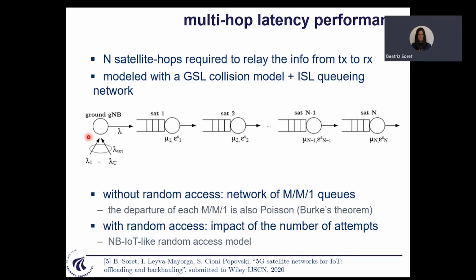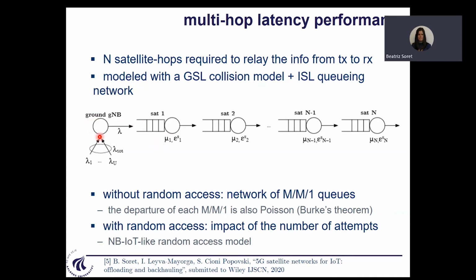And we are using parameters similar to narrowband IoT that we have slightly adapted to satellite constellations, but the protocol is taken from narrowband IoT. So it's in line with what 3GPP is planning to do in the next months.